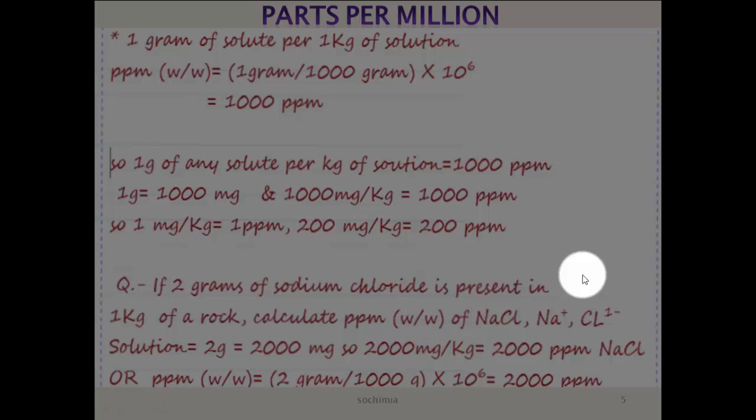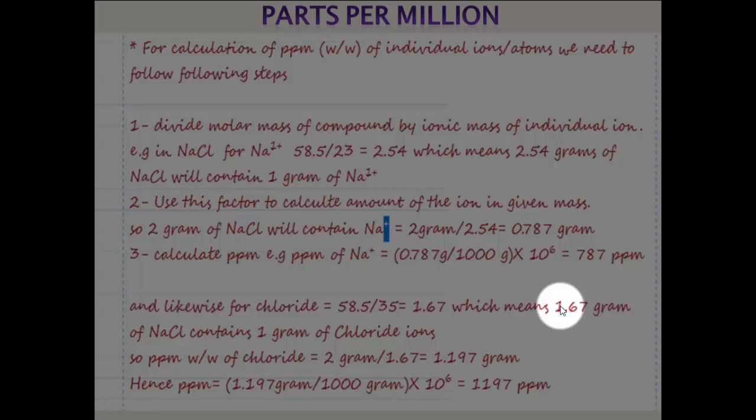In order to calculate the ppm values of sodium and chloride ions, we need to go further down to incorporate certain factors here. For the determination of these individual ions, we need to follow these steps.